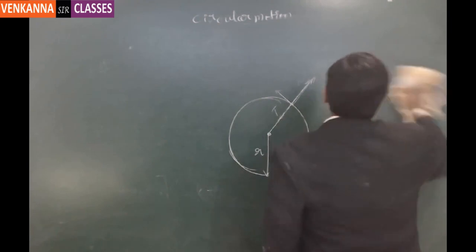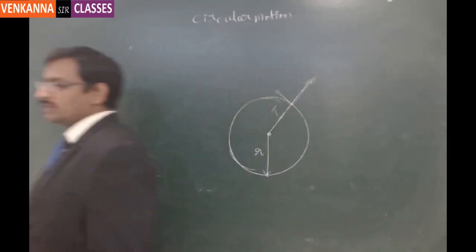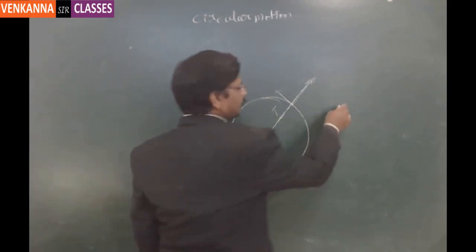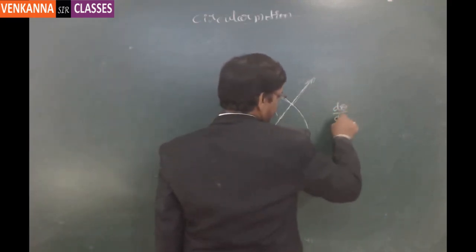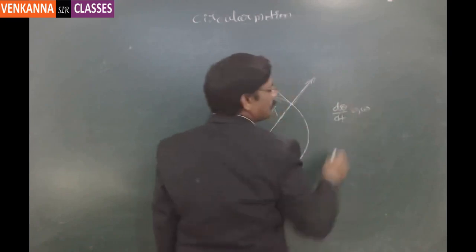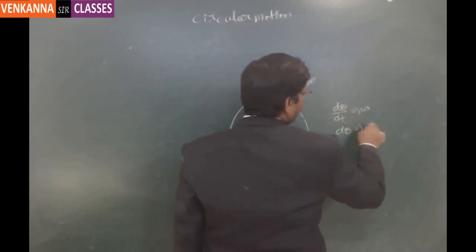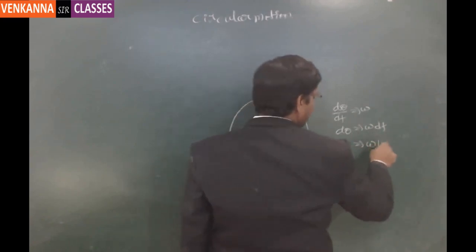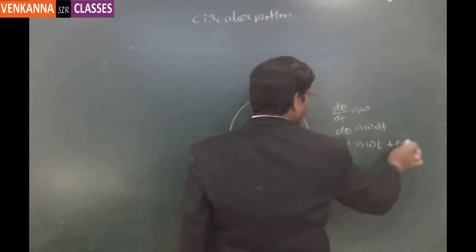So other relations of angular velocity when it is moving with a constant angular velocity: d theta by dt equal to omega. So d theta is equal to omega dt, and theta is equal to omega t plus theta naught.